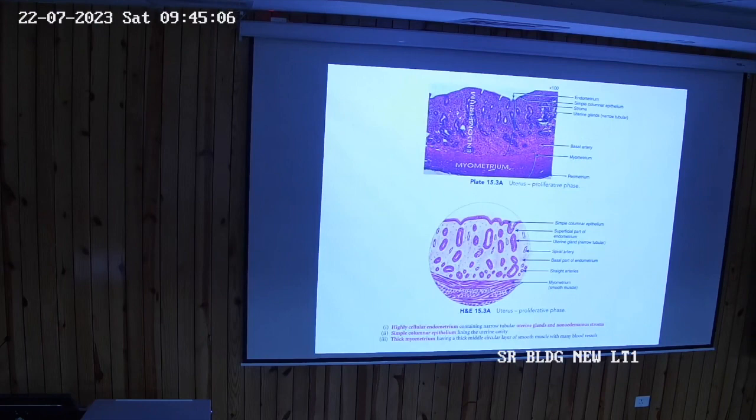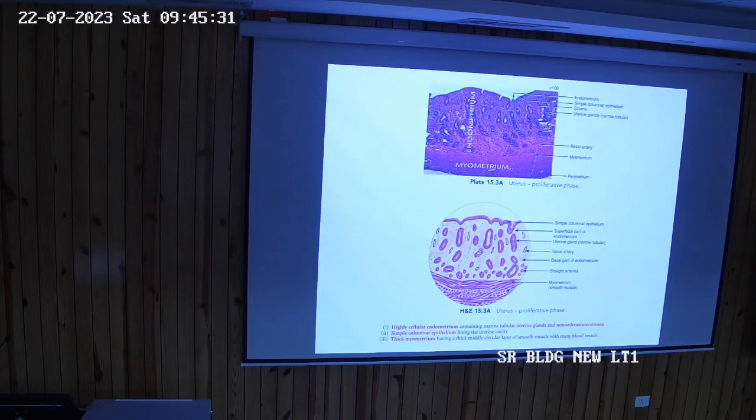When we see the section of the uterus under the microscope, we will show you the slide of the menstruation phase, the proliferative phase, and the third, the secretory phase. We will show you the three slides of uterus.